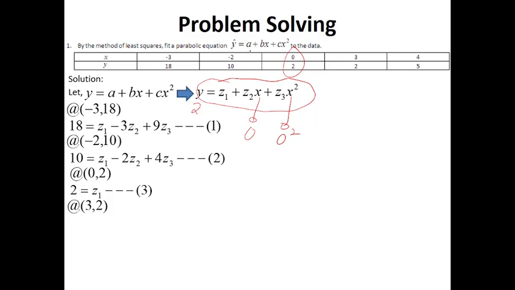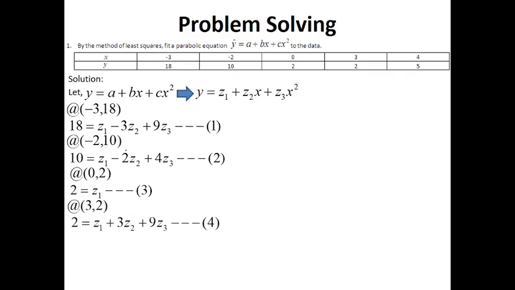At 3, 2, yan yung magiging equation. At 4, 5, yan yung magiging equation. So we have 5 linear equations. So we can now proceed in converting these 5 linear equations to normal equations. So ilang normal equations ngayon ang meron tayo?